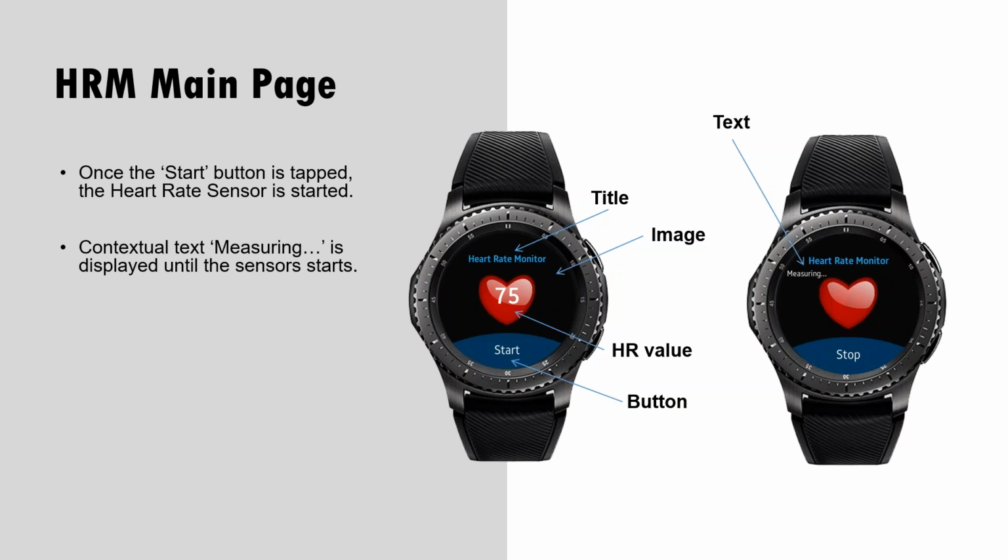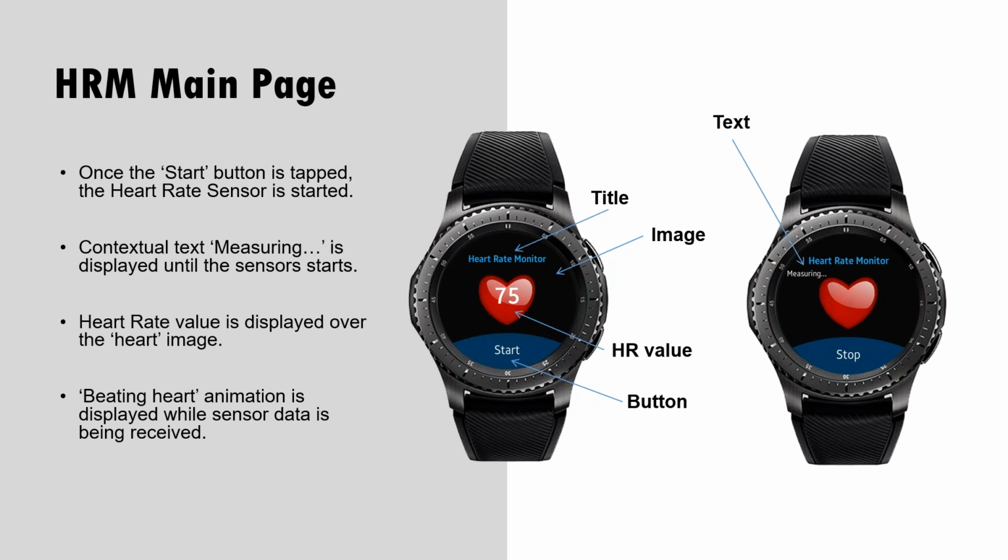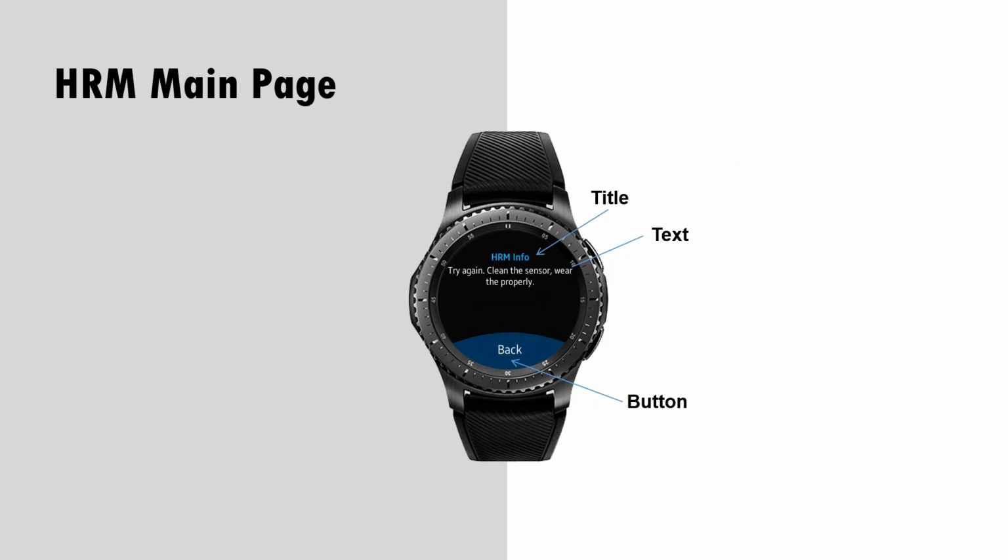We are also displaying a contextual text called measuring because it takes a fraction of a second to receive the data from the sensor. Until then, we display the text measuring, and the heart rate value is displayed over the heart image, and we are applying an animation to the image. Once the stop button is clicked, we are calling the stop sensor API to stop the sensor.